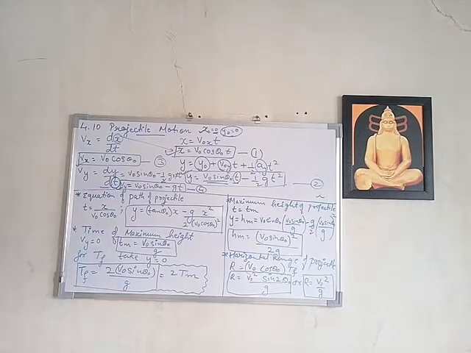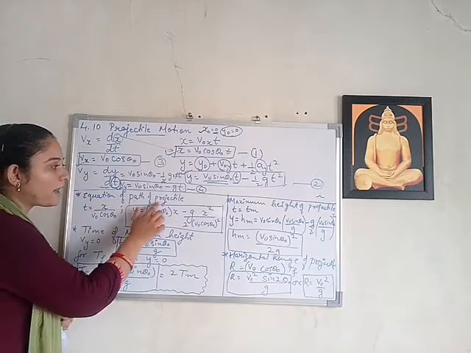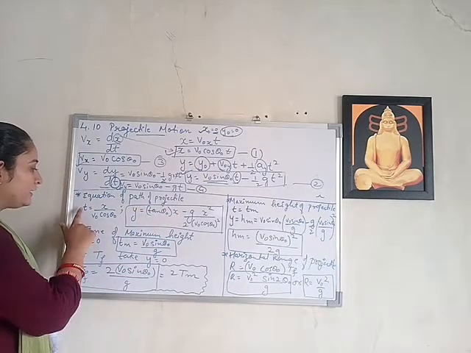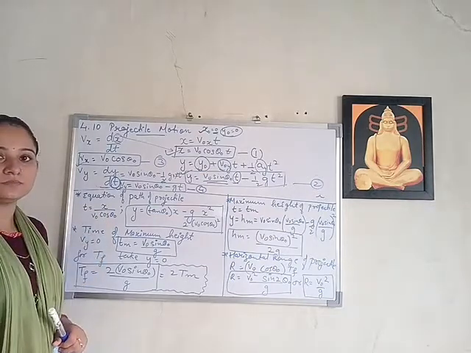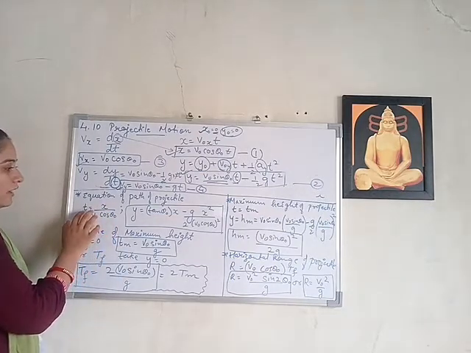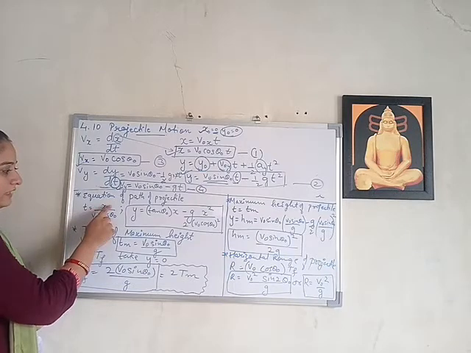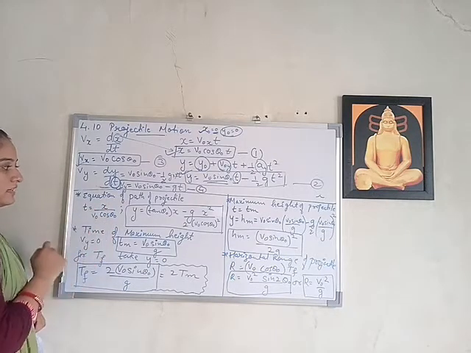So here, the equation of path of projectile. For the equation of path of the projectile, we need to take time t equal to x upon v0 cos theta 0. So at the place of time t, we take x upon v0 cos theta 0.